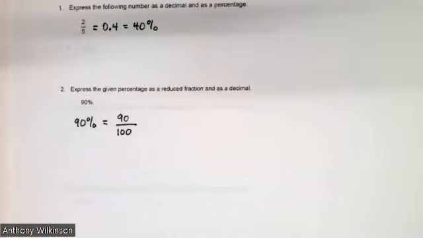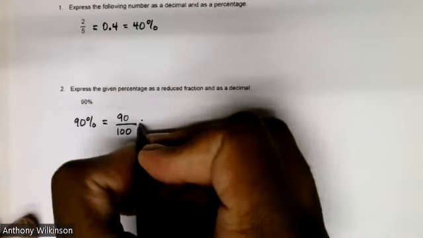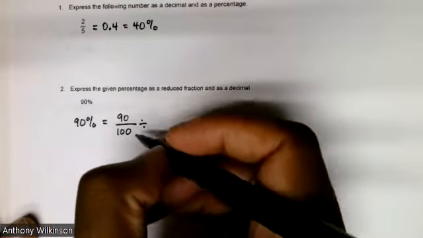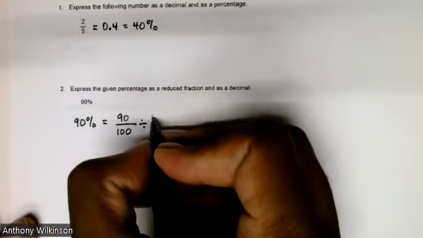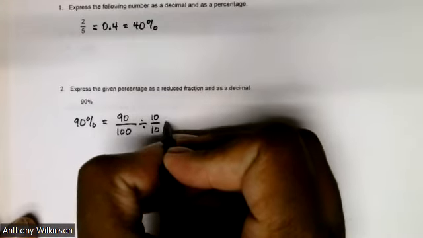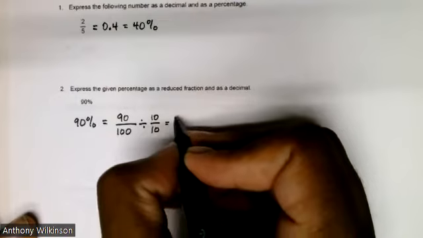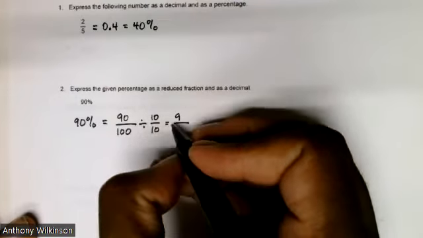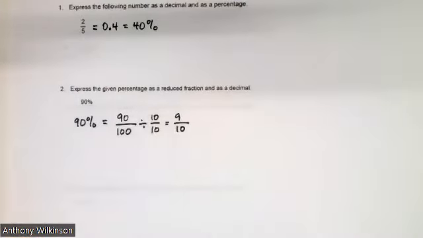And let's write this as a fraction in simplest form. Here we can divide the numerator and the denominator by the largest number that goes into 90 and 100. That'll have to be 10. So 10 goes into 90 9 times, 10 goes into 100 10 times. So that's a fraction in simplest form. 90% would be 9/10.